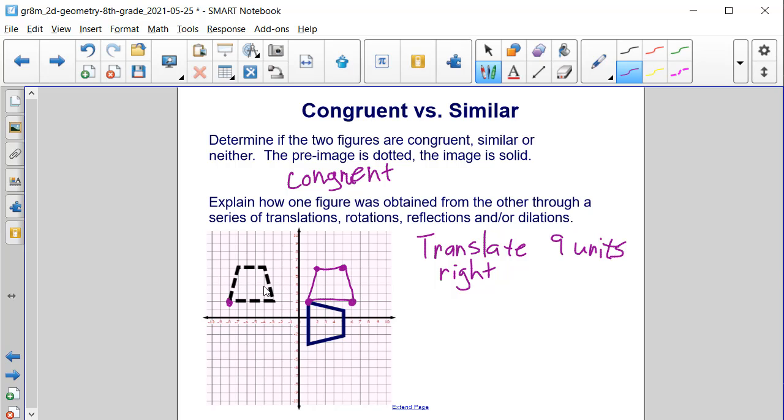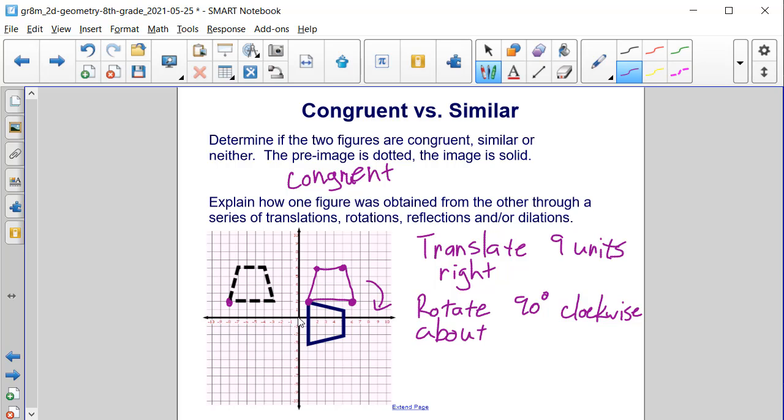So we could translate it 9 units to the right, and then we have to rotate it 90 degrees clockwise this direction. Because this point right here stays in the same position, we're going to rotate it about that one.